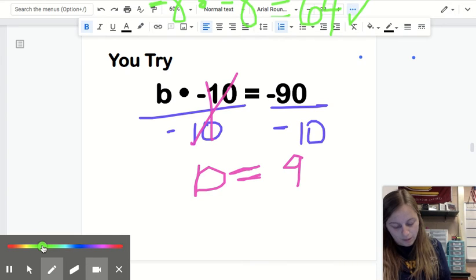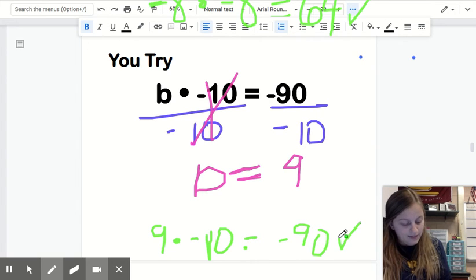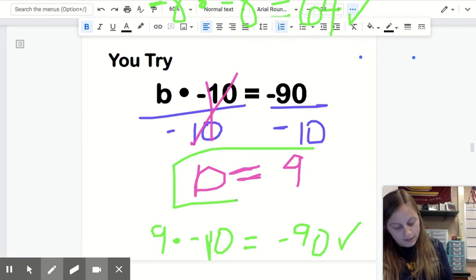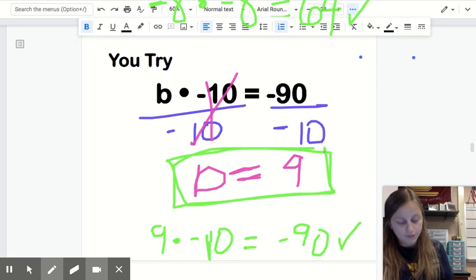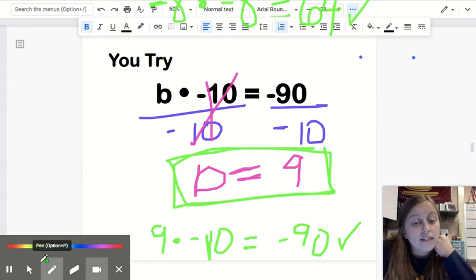Again, I can double check my work by saying positive 9 times negative 10, does that equal negative 90? It does, which means I did it correctly. My answer is correct. How did you do? Did you show the correct inverse on both sides? Did you solve correctly? And did you check your answer at the end?